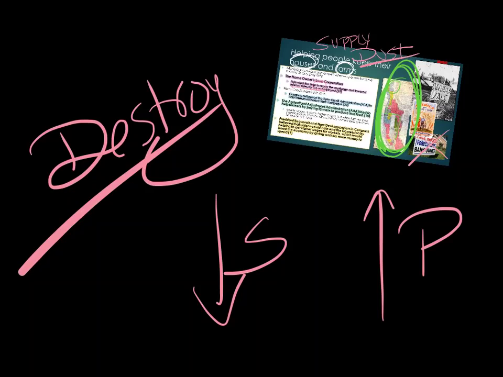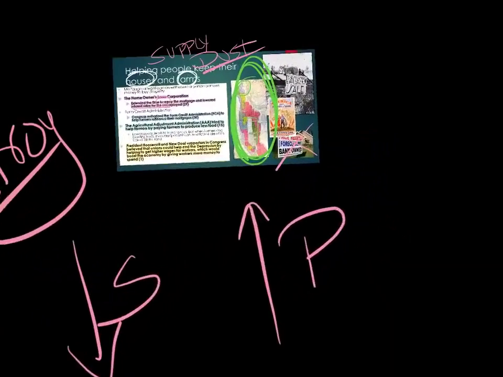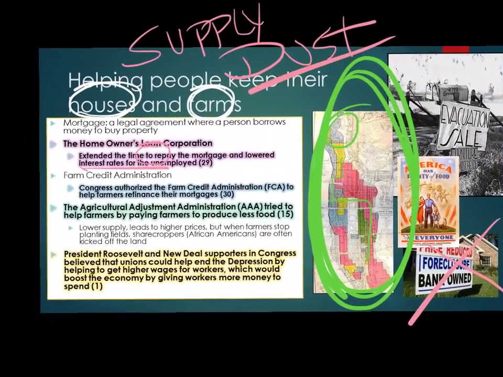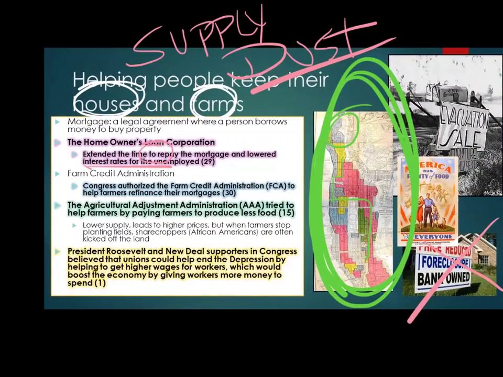To counteract this and to help this, what you'll see will be the government putting into play the Agricultural Adjustment Administration. This is going to actually pay farmers to produce less food. That way, less food comes to market. This way, price should rise over time.